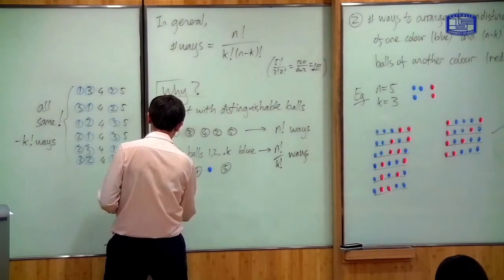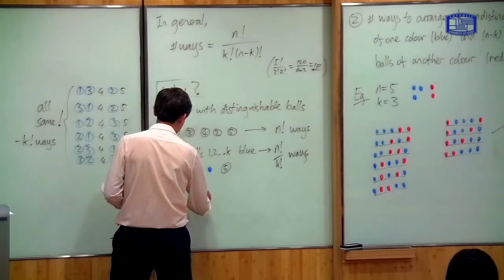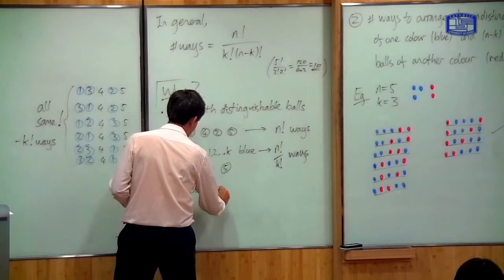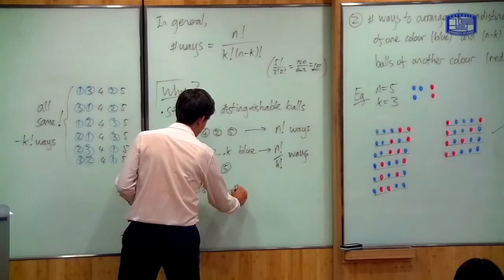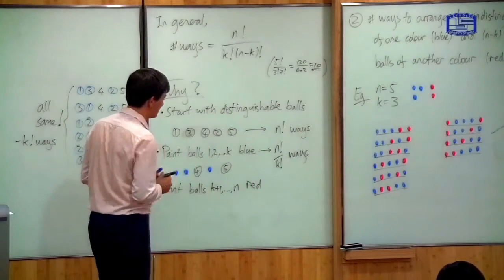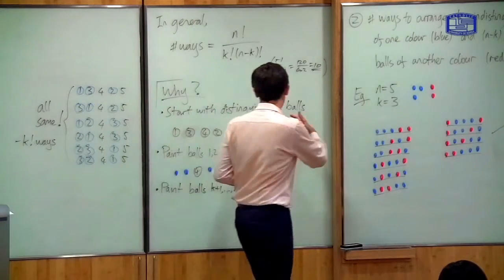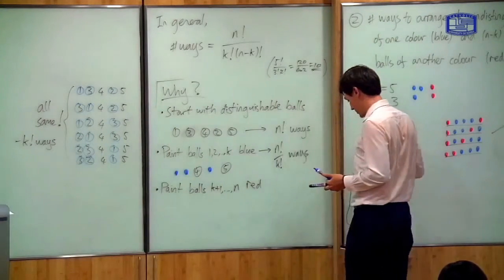And then finally, you can guess the rest, right? You paint the last balls, so you paint the balls k plus 1 up to n as red. So in this case, that means you paint balls 4 and 5 as red. And you see we've reduced this to the case we want.